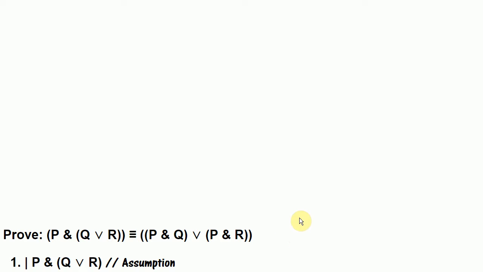So again, we begin by assuming P and Q or R. And we want to get the disjunction over here, P and Q or P and R. And what we just did was use a conditional proof to prove the disjunction. Another way to get a disjunction is using a constructive dilemma.